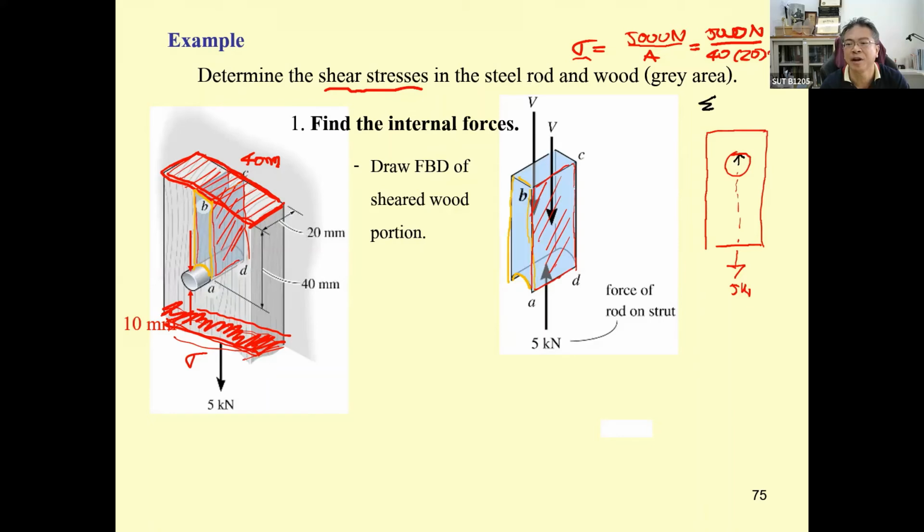Okay, summation of F sub y equal to 0. The force over here, F, is going to be upward, is going to be 5 kilonewton, and F here, by Newton's third law, is going to apply to this lot also.